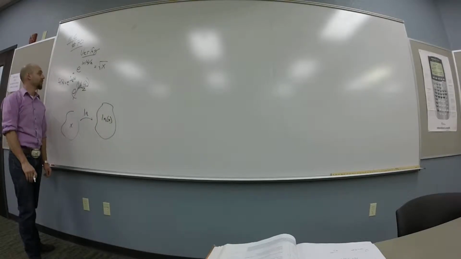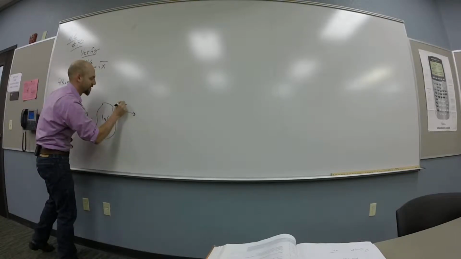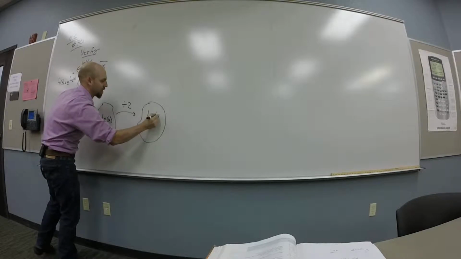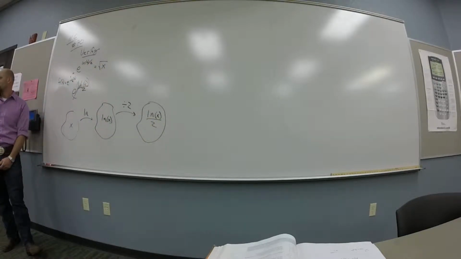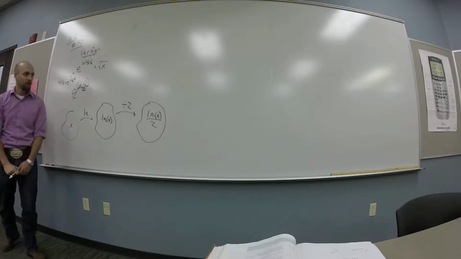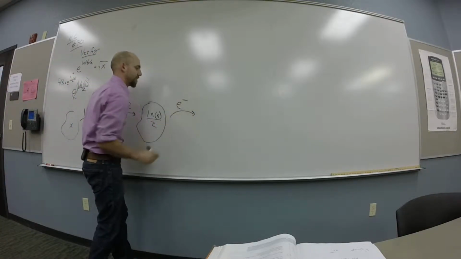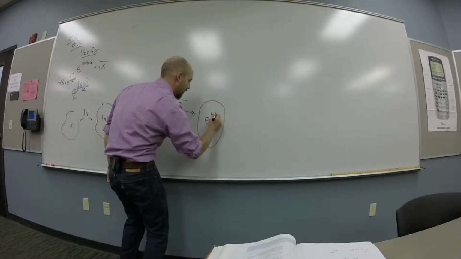Then I need to do the next grouping symbol, which is divide by 2. Wait, is that the right way to do it or the wrong way to do it? That's the right way to do it. This is just following order of operations, right? And then I do e to this stuff, and I get e to the ln of x over 2.